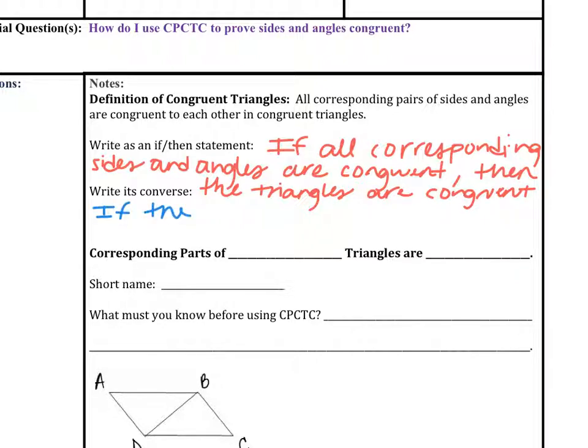If the triangles are congruent, then the corresponding pieces are congruent.